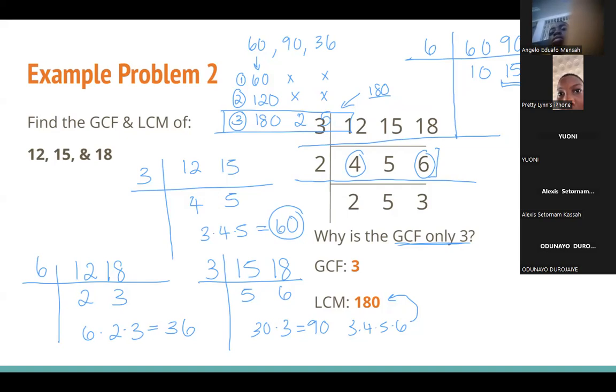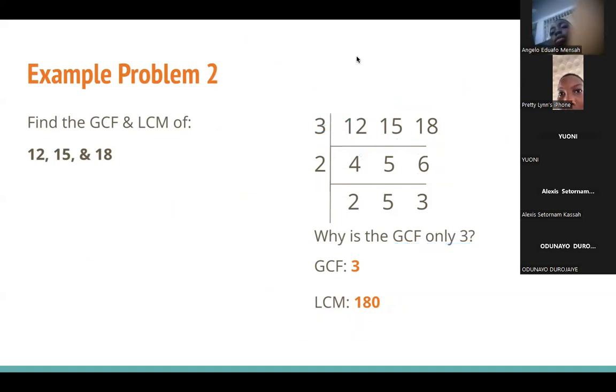Okay, so let's go back to this problem now. We've reached this point where it's 4, 5, and 6, and we're looking at the LCM.